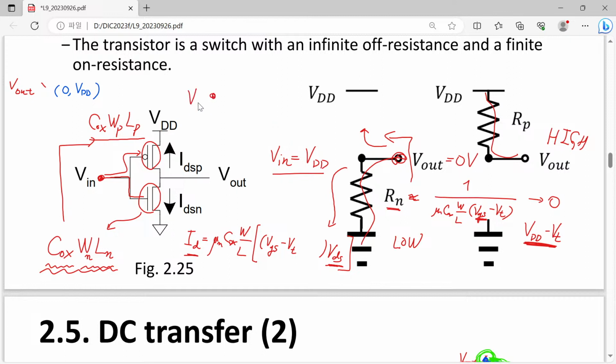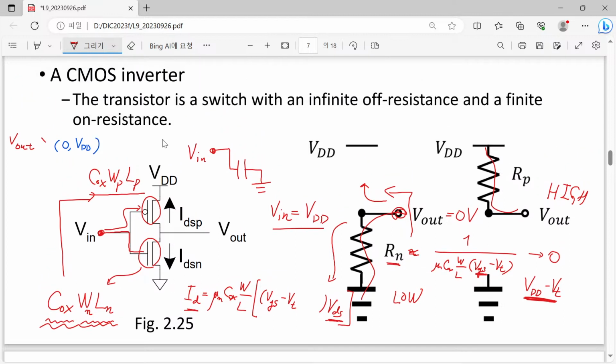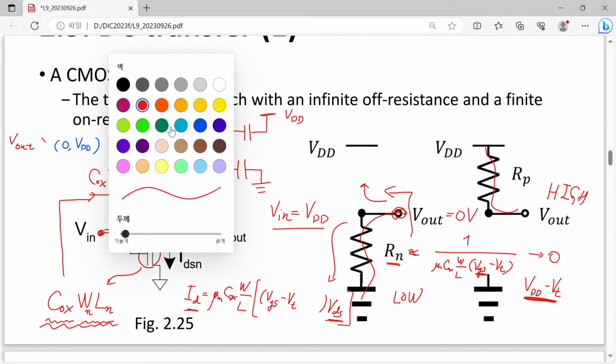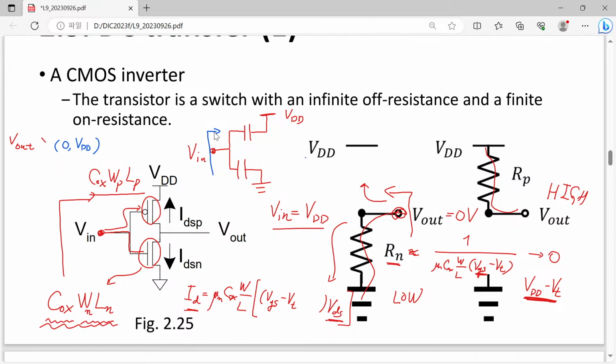Simply Vin goes to a certain capacitor, and that is grounded. When you go to the PMOS part, we also see another capacitor, and that is connected to our VDD. Then we are asked to answer what is the impedance of this gate seen from this gate terminal.